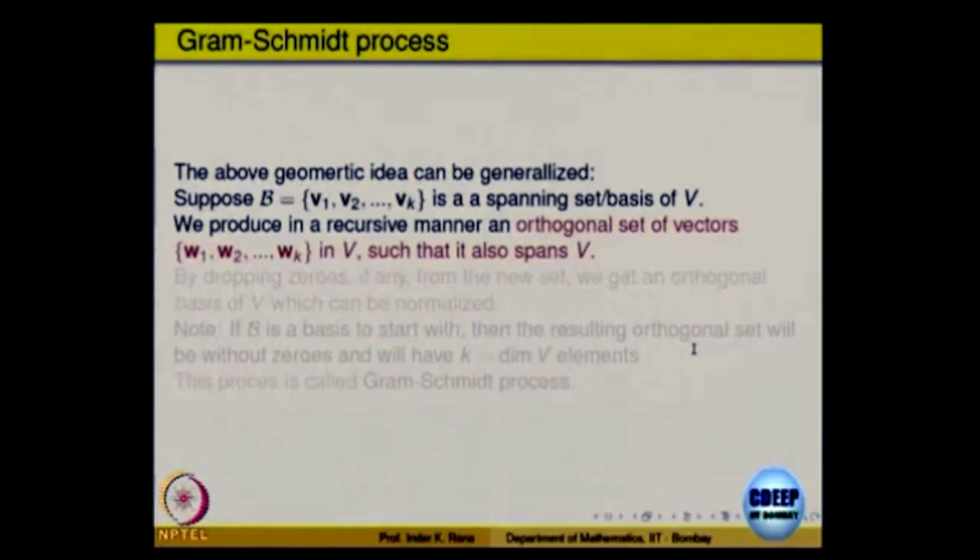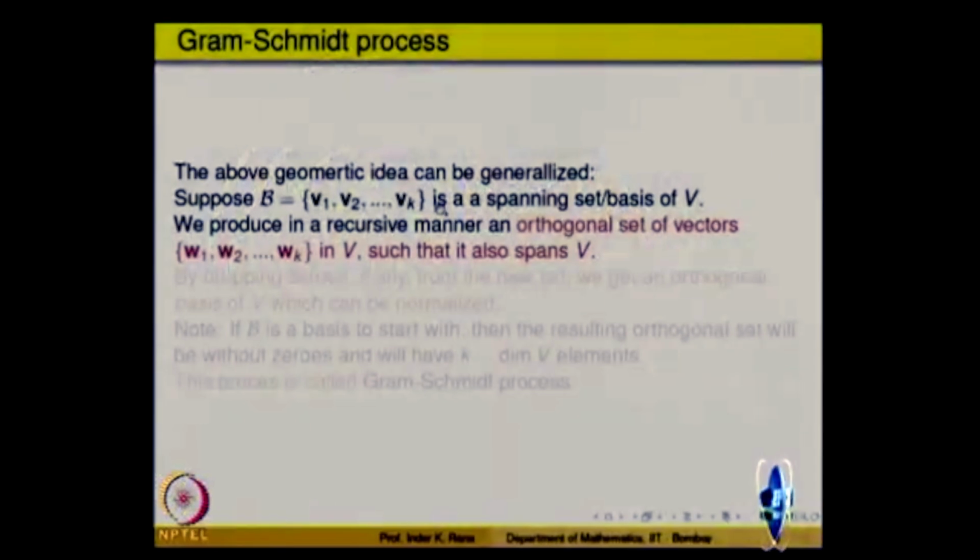So here is what we do. What we start with is, given a vector space, start with a basis of it, because eventually when you want to convert something into orthonormal, it is going to be linearly independent anyway, and we know how to construct a basis of a vector space. Start with a basis; if not a basis, it should at least be a spanning set, meaning every vector is a linear combination of these vectors.